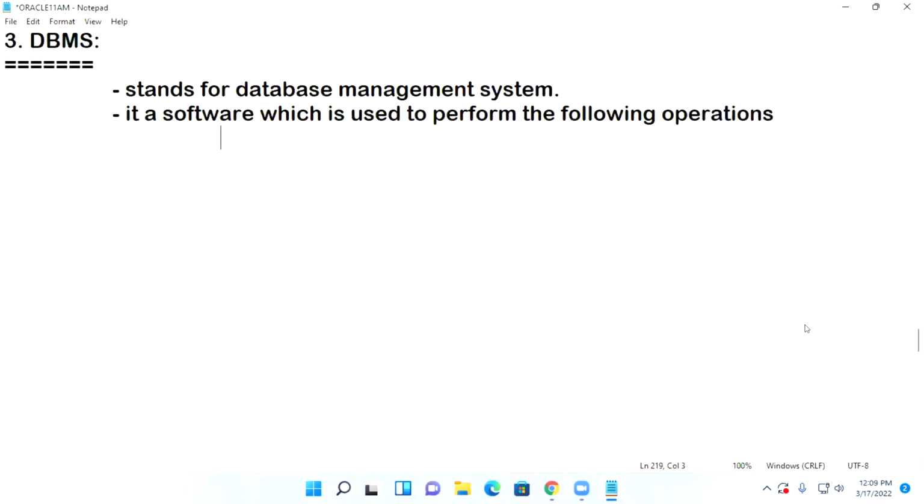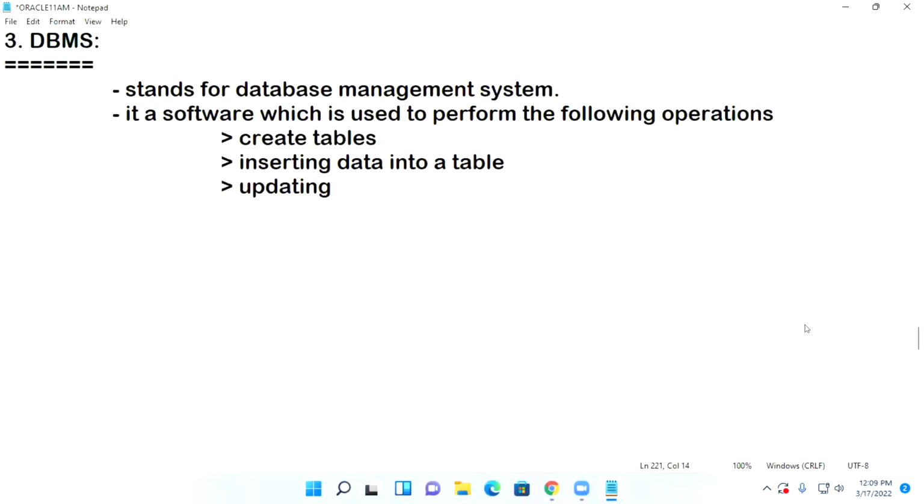The first operation is creating tables. The second is inserting data into a table. Next is updating data in the table.